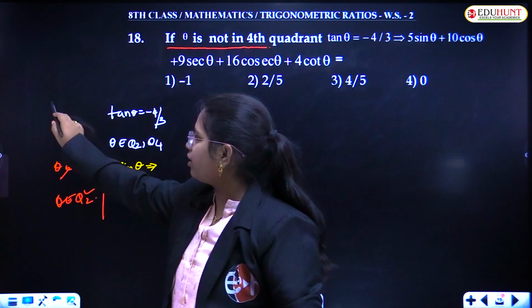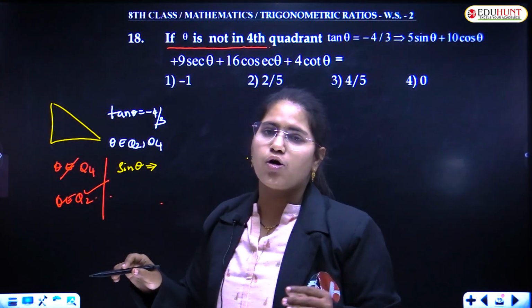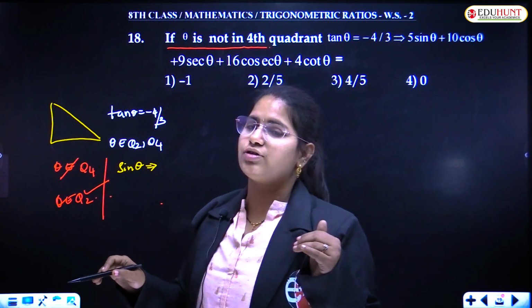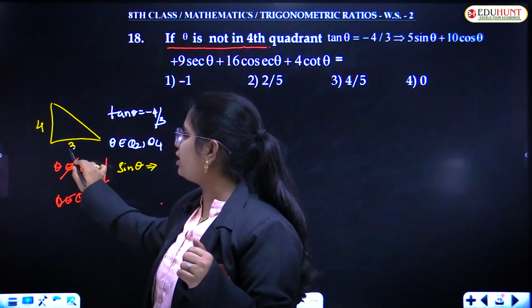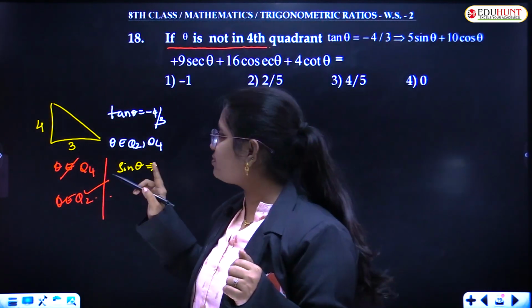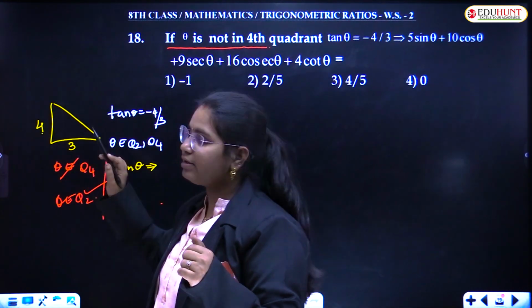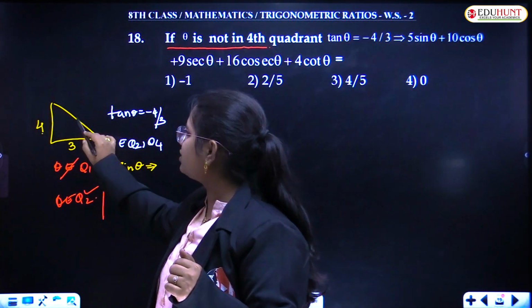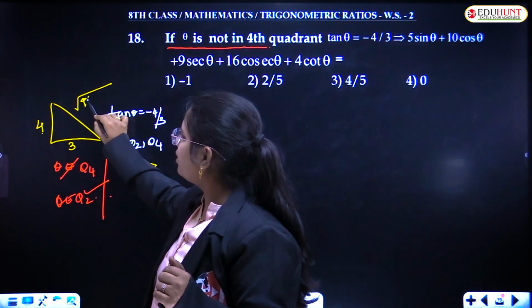Let me draw a right angle triangle here. Tan theta is defined as opposite upon adjacent, so the opposite side is 4 and the adjacent side is 3.